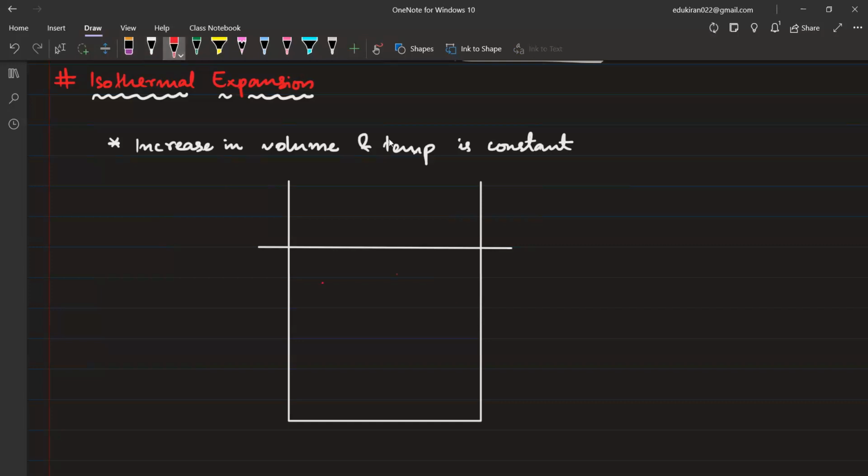Now, here inside we have some gas, some gas particles.